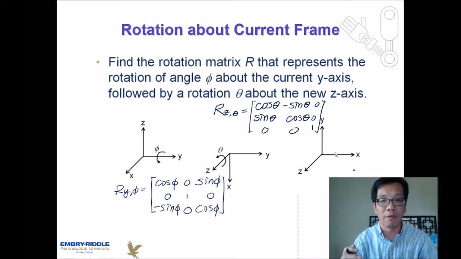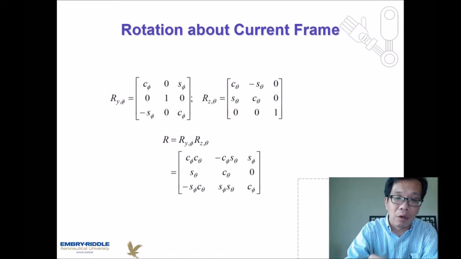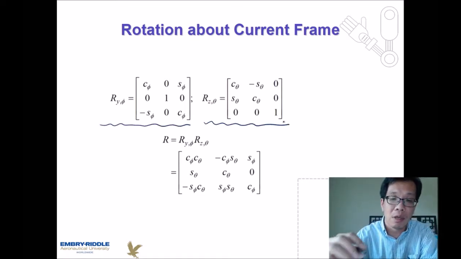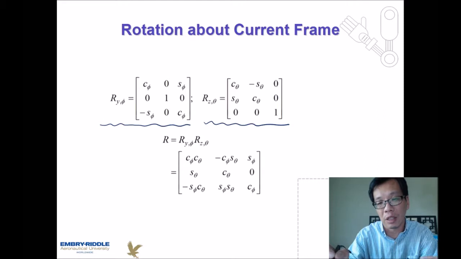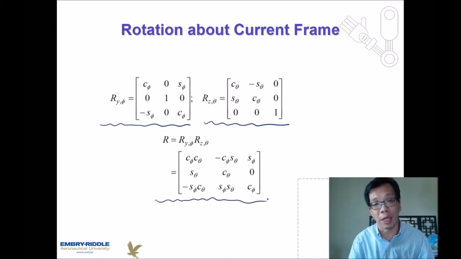So if we are rotating about the current frame, what is the transformation matrix going to look like? We know from the previous slide this is about the y-axis, this is about the z-axis. When we go from the original orientation to the destination orientation, we just multiply those two matrices together, and this is going to be our transformation matrix.